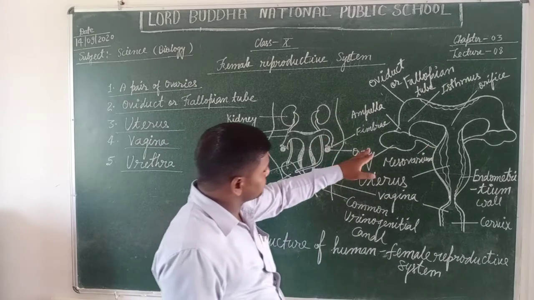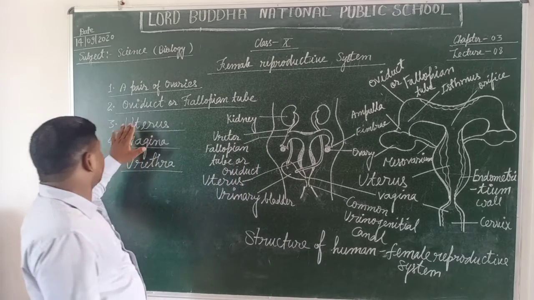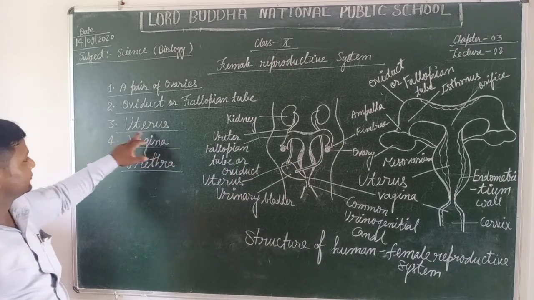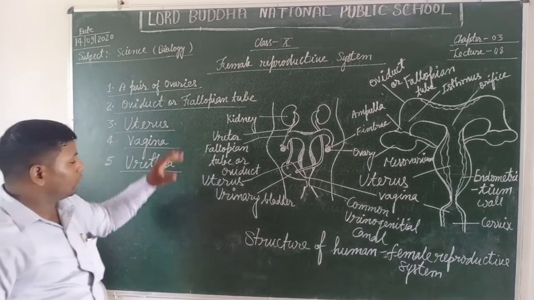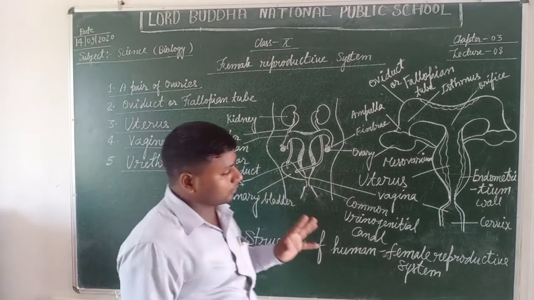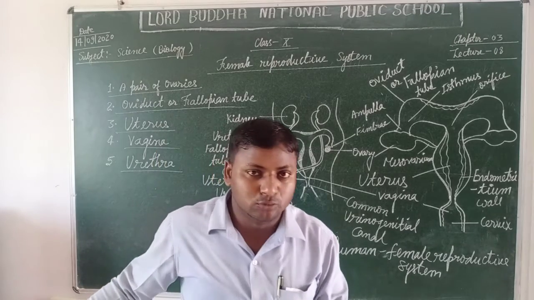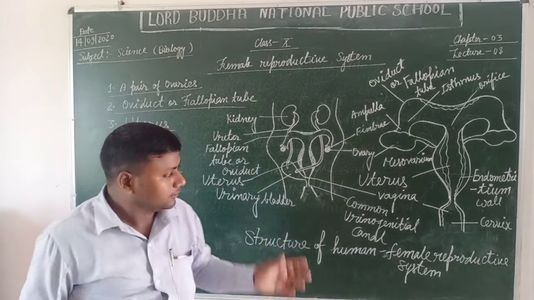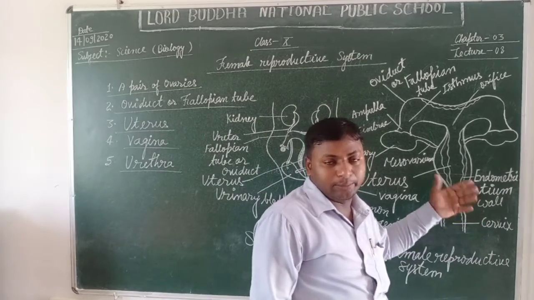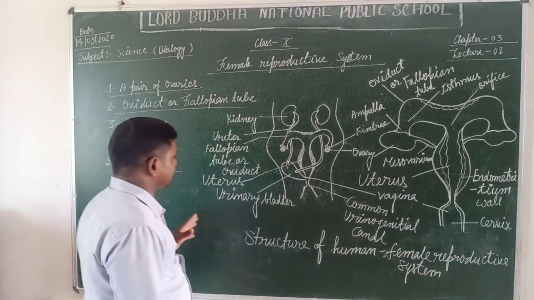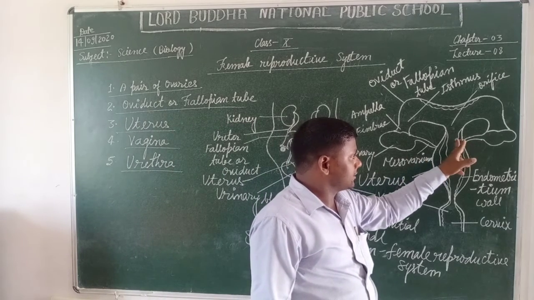Now students, the next one is the uterus. The uterus is about 15 cm long and can widen up to 20 to 30 cm during the gestation period or embryonic development, after the implantation of the embryo resulting from fertilization.